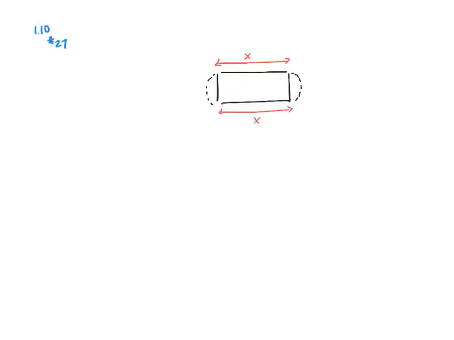this much is x. Now, since these are semicircles, this is really the circumference of one circle. So you basically are looking at x plus the circumference of a circle. And it says that the track is 440 yards long.